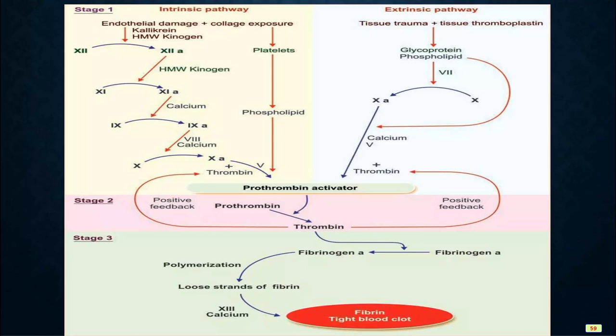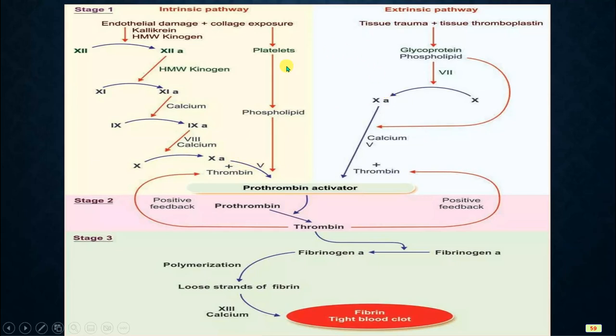The intrinsic pathway and extrinsic pathway are both involved in blood clotting, wherein several factors are converted from one to another, and the final product is thrombin formation.